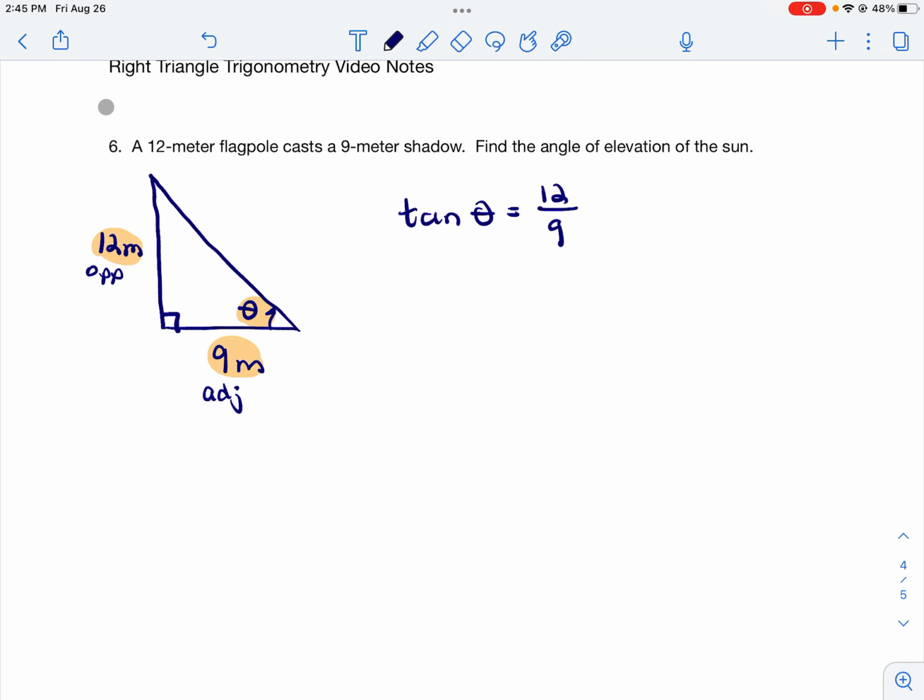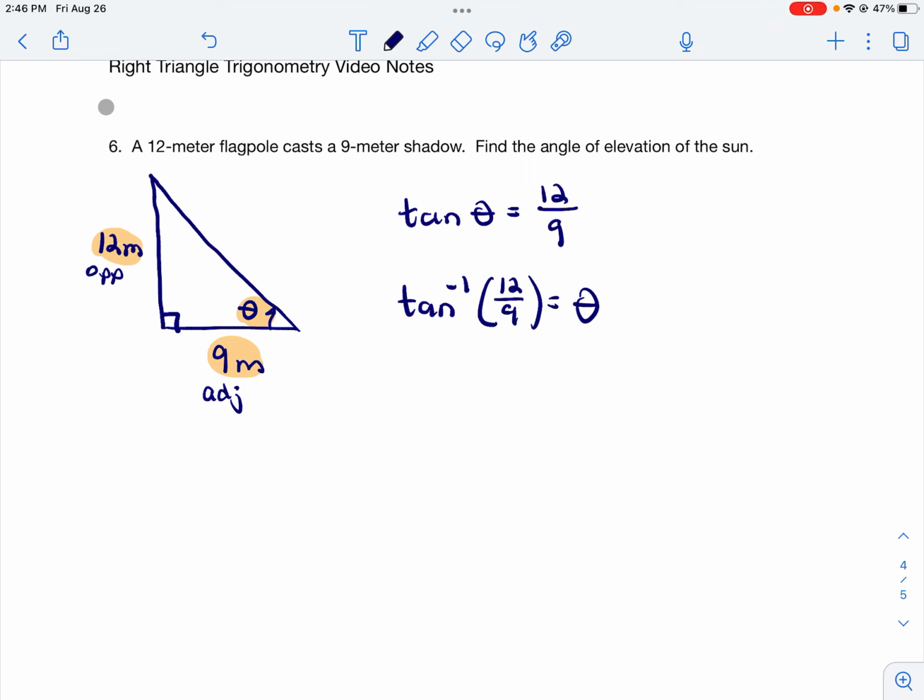This is my setup equation, but I need to solve for theta. Theta is what I need to get by itself, but it's inside a trig function. So the only way I can do that is using inverse trig operations. So I would say the inverse of tangent, switching our domain and range, of 12 over 9 is equal to theta. I've now solved this equation for the unknown, for theta.